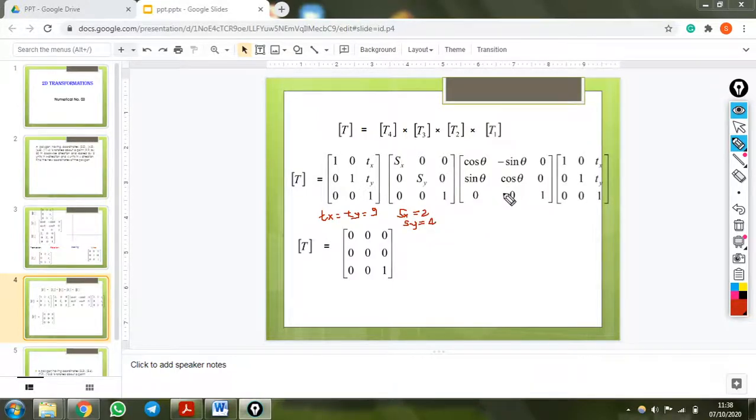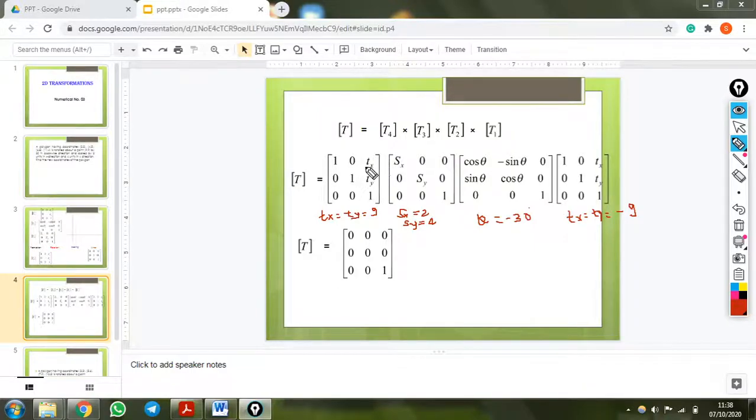Same way cos theta and sin theta. The theta value is given, it is equal to minus 30 degrees, and Tx is equal to Ty, equal to minus 9 here. Getting? So now put the values in this equation.